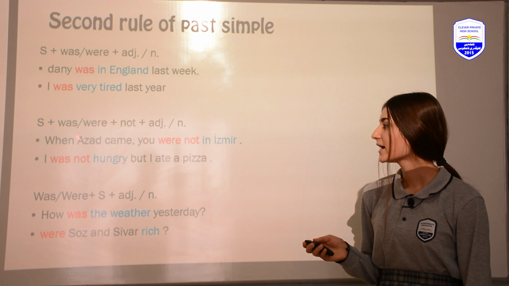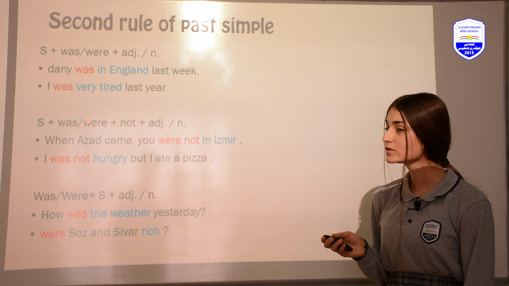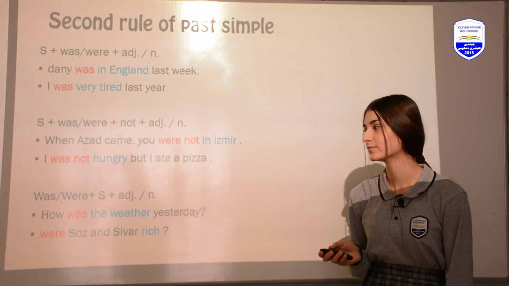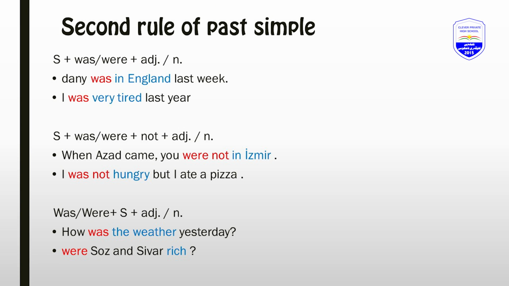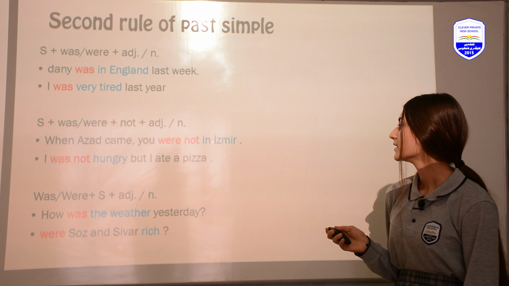We have another form of the second rule of past simple. Subject plus was or were plus not plus adjective or noun. We have two examples here again. When Azat came, you were not in Izmir. You is the subject, and we use were because it is plural here, and not, we have negative, in Izmir.